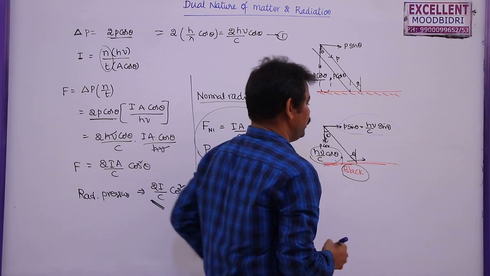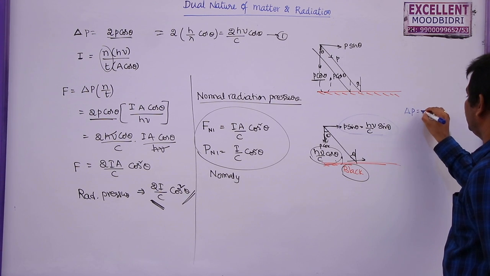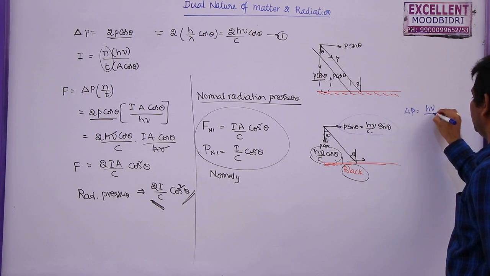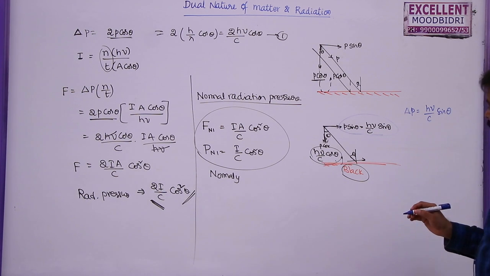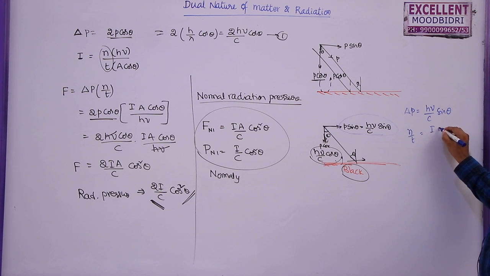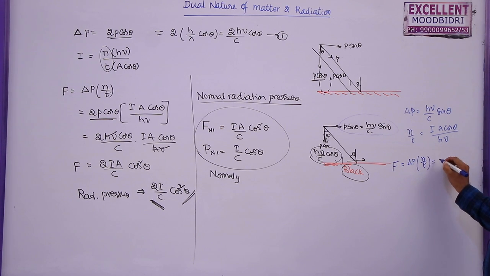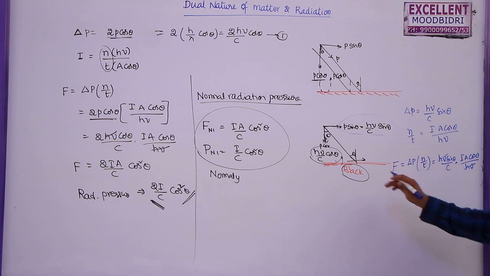But parallel to the surface, the momentum is acting parallel to the body. Here the change in momentum is h nu sin theta by c, as no radiation is reflected. The number of photons per unit time is given by Ia cos theta by h nu. So the force, given by the rate of change of momentum, delta P into n by t, is h nu sin theta by c into Ia cos theta by h nu, which cancel.